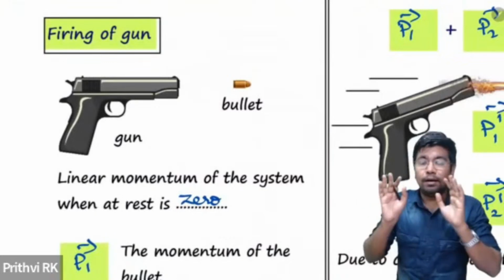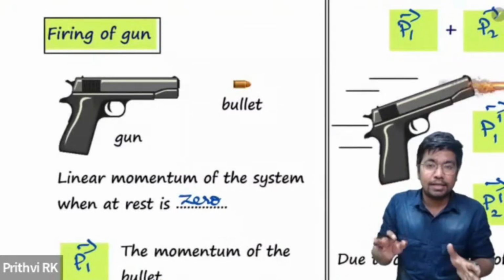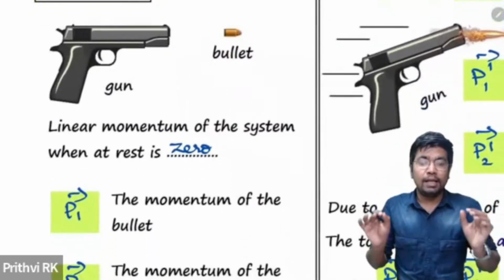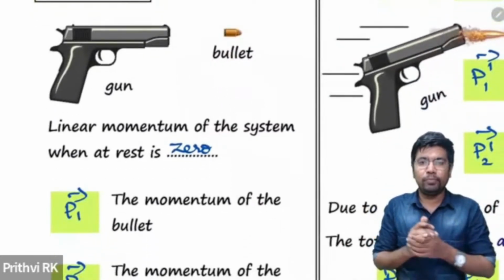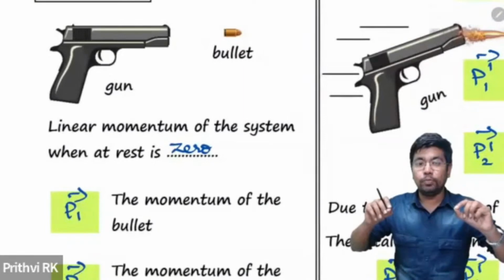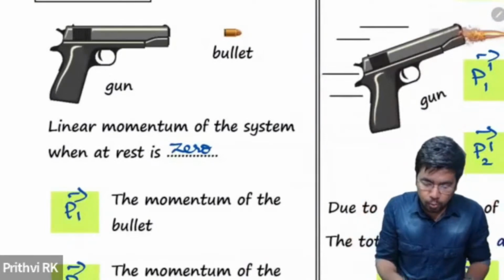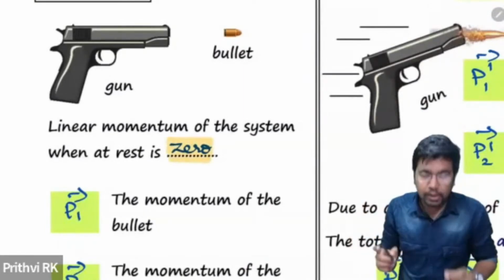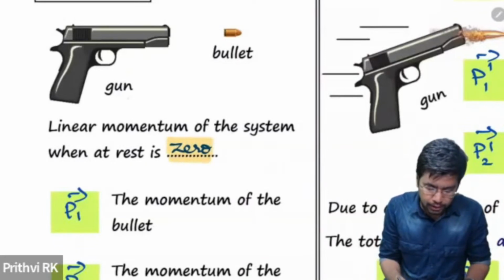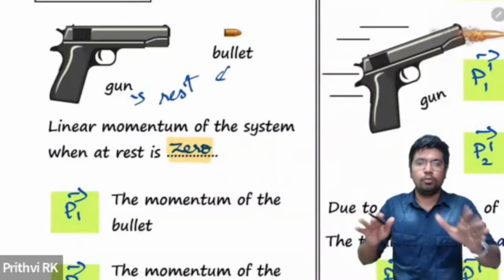It is at rest, as well as the gun is also at rest, which means the linear momentum of the system should be what? 0. Why should it be 0? Because both the gun and the bullet are at rest, they are not moving.